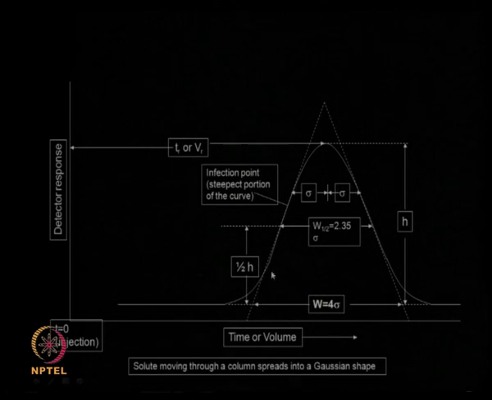We can draw a tangent, and another tangent, and this will look like a triangle. Now this width W is equal to 4 sigma, and this width W half is equal to 2.35 sigma.